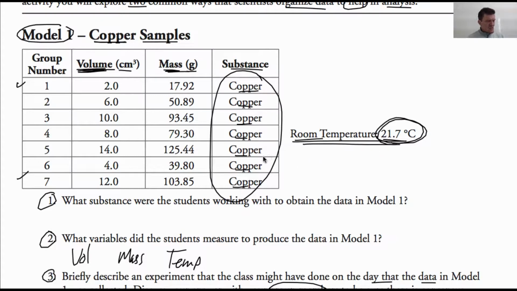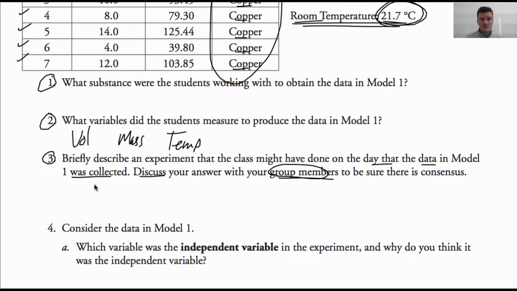So in this case, maybe each group was given a different sample of that metal, and they were required then to mass that sample and find the volume of that sample. So they're looking really at what's the relationship between the mass and the volume. So they're looking at volume versus mass.